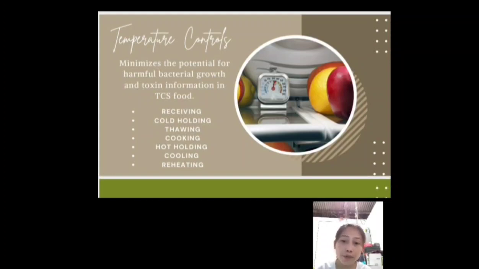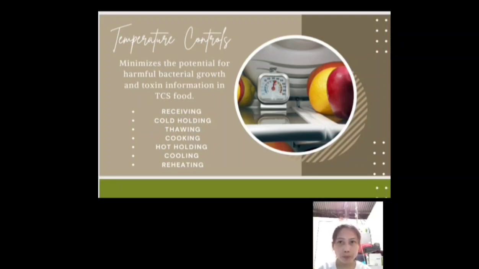So let's move on to thawing. Thawing, in other words, is defrosting. So there are 3 types of thawing. The first one is to thaw food in a refrigerator. Pwede siya ma-defrost sa refrigerator. Second one is under cold running water.